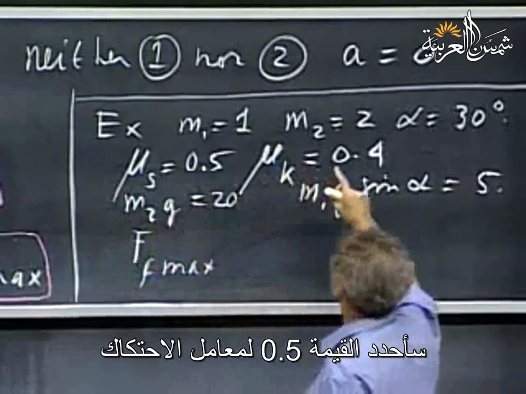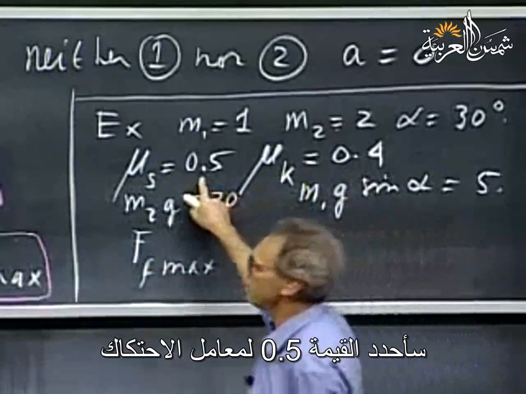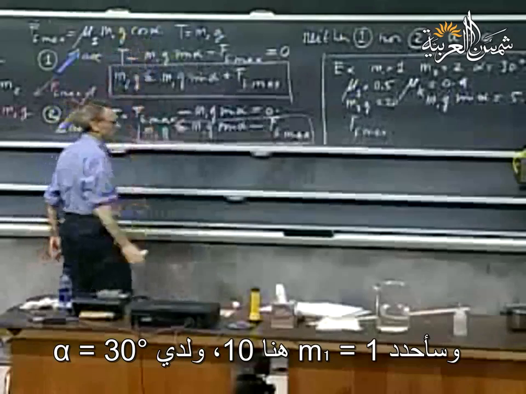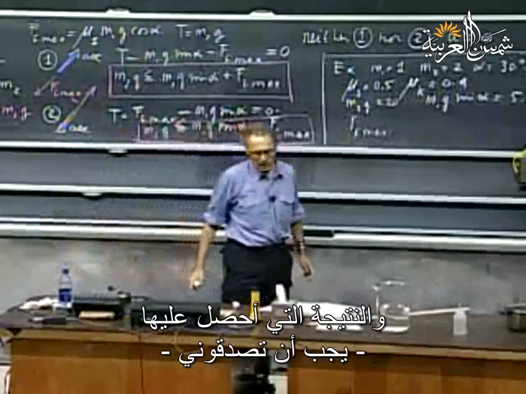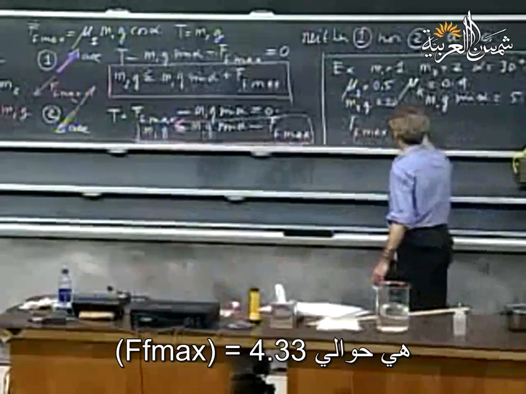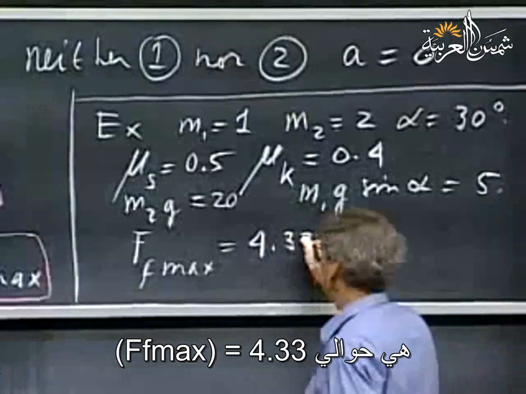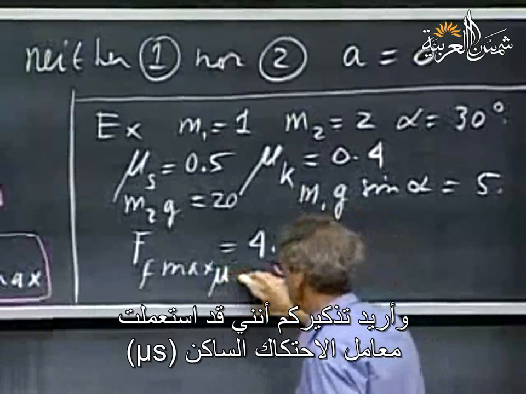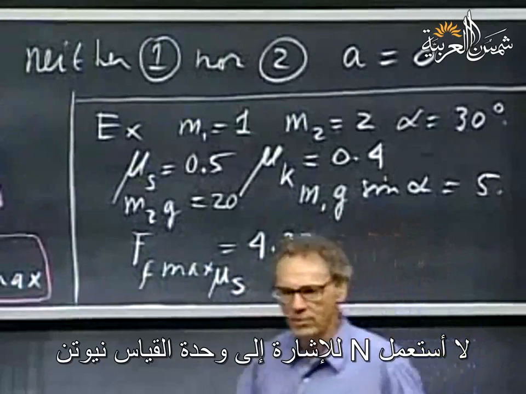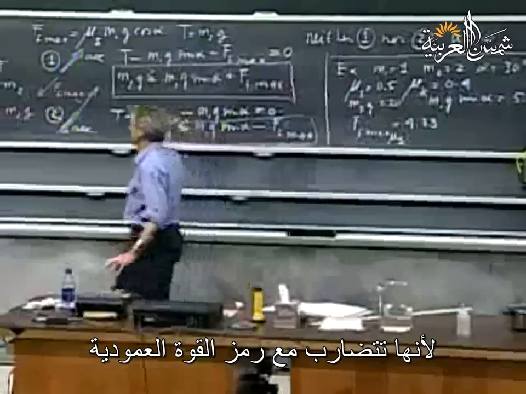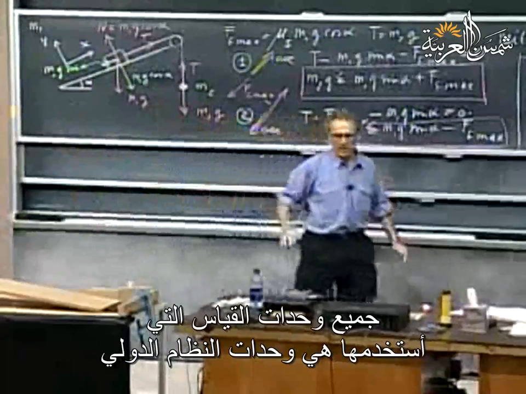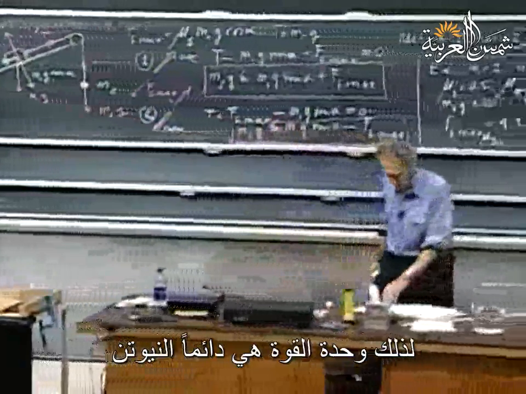I have to use for my friction coefficient 0.5. I have to use for m1g here a 10 and have the cosine of 30 degrees. And what I find, you have to take my word for it, is that this is about 4.33. And I want to remind you, I have used the static friction coefficient. And this is in newtons. I never put a capital N for newtons because that is very confusing with the normal force. All my units are always in SI units. So the force is always in newtons.